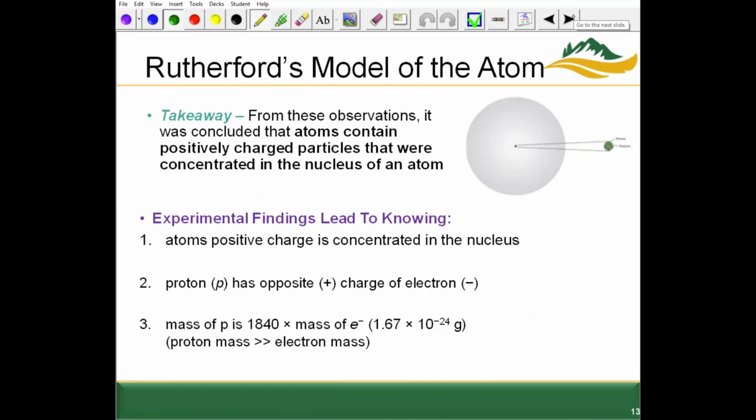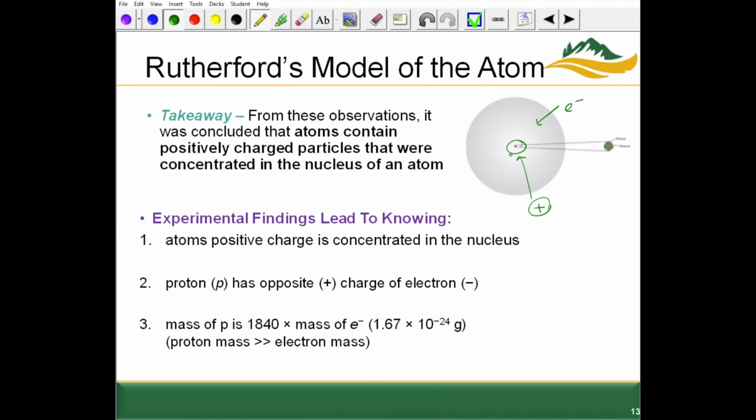So now our new idea of what this atom might look like is we can still have these electrons that are dispersed throughout, but what Rutherford is now thinking is that there's this positively charged nucleus that's concentrated in the middle of the atom. All we know right now is that that area is positively charged.